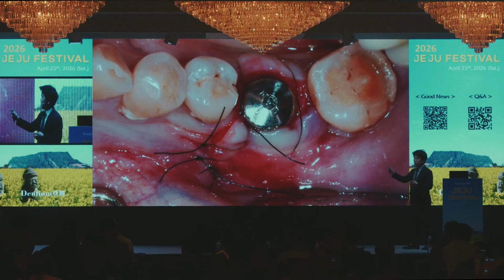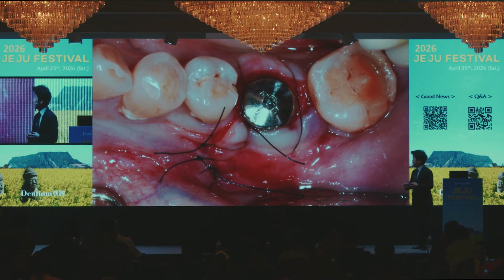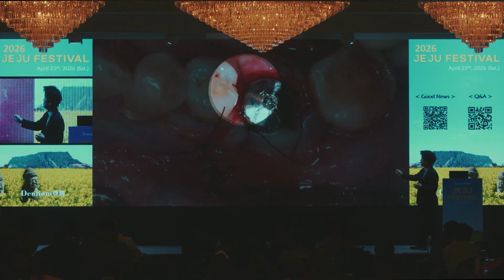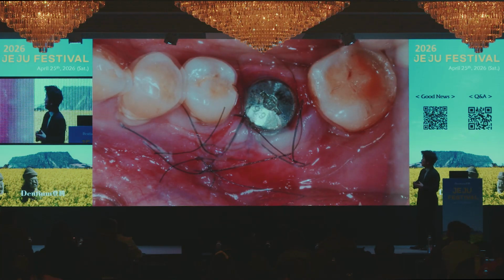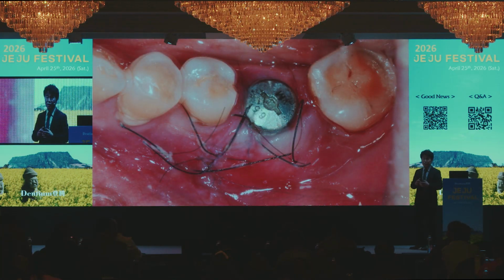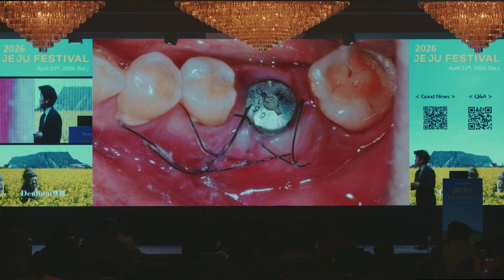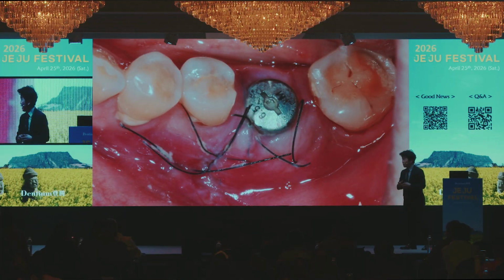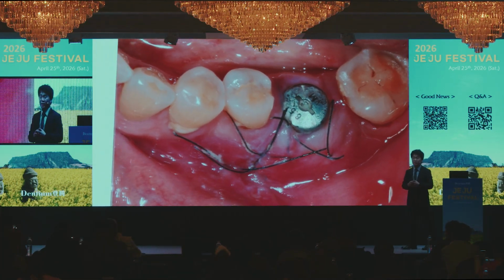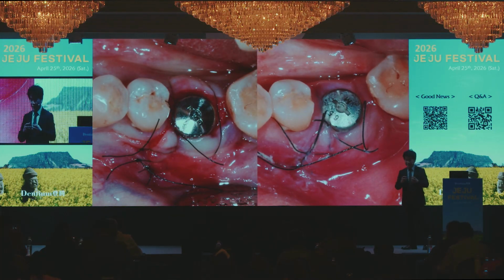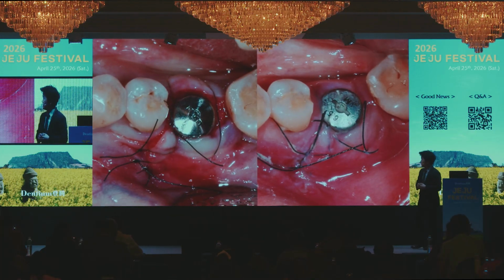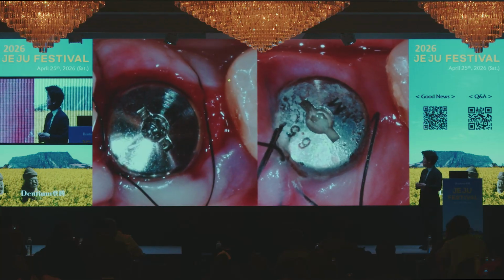You can see the good healing initially as this, especially this area has very good initial healing. So I use the collagen graft X1D open. I expect the open area such as this.